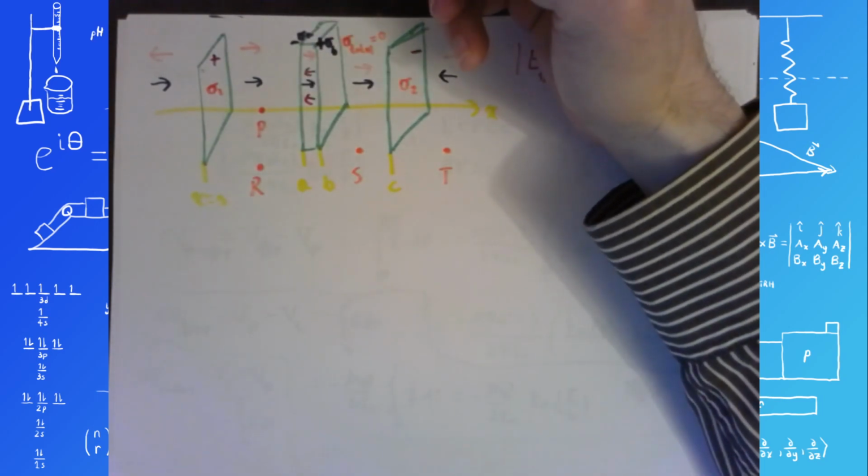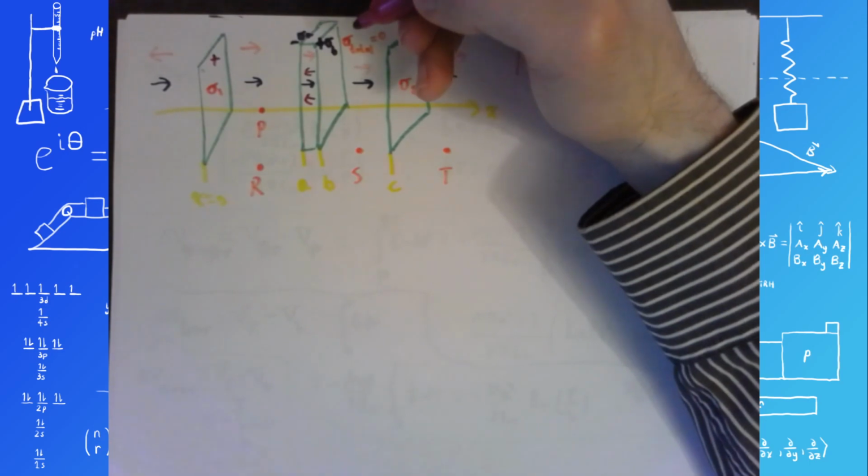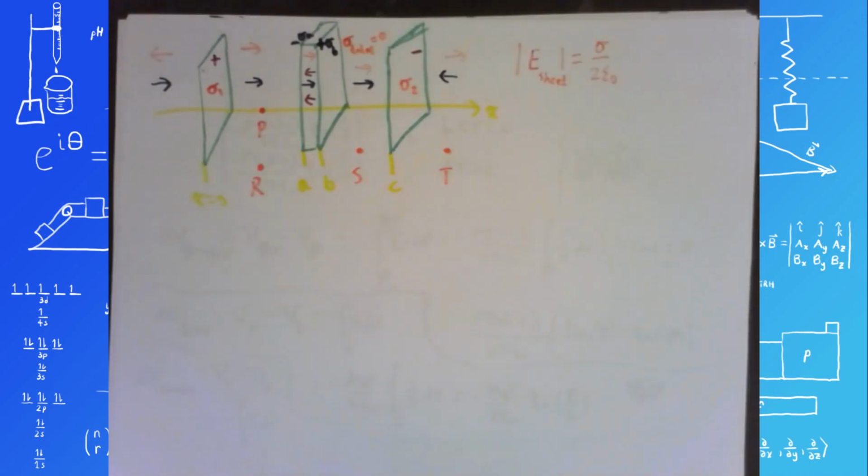And then let's see. What else? What other effects do I need to take into account? I should probably use different colors for sigma b and sigma a. Oh god. And here I thought this was going to be a quick one. Okay, this might be messier than I first thought.